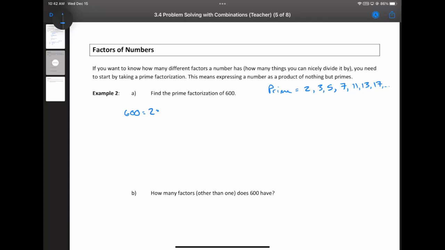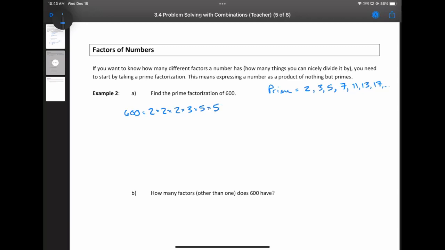I'm going to keep track of it in my head. 300 is equal to 2 times 150. Not writing down the 150, just keep it in my head. 150 is 2 times 75. 75 is, I can't divide it by 2 anymore, but I can divide 75 by 3, which is 25. 3 times 25. And 25 is now divisible by 5, and that's 5 and 5.